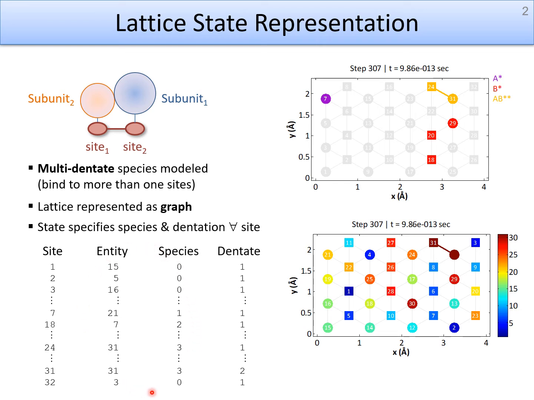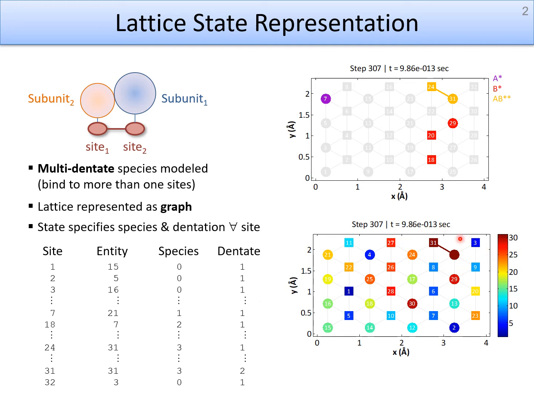So by this we have captured the entity and the species, but we don't know yet the orientation. So the orientation is captured by the third column, which gives us the dentate which occupies that particular site. So of course for monodentate species, like the empty site pseudospecies A, B here, we see that there is only one possibility, one valid value for the dentate. Dentate number 1, there is only one dentate.